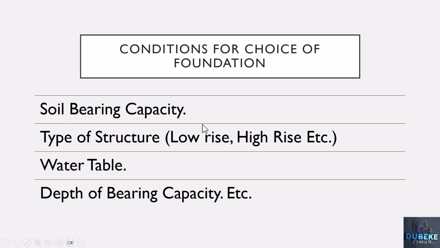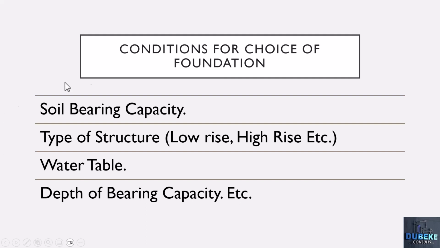So we have the bearing capacity, which we just discussed, then the type of structure, considering the load that is coming on it, whether it's low rise or high rise, then also the water table: did you encounter water on the site during investigation?